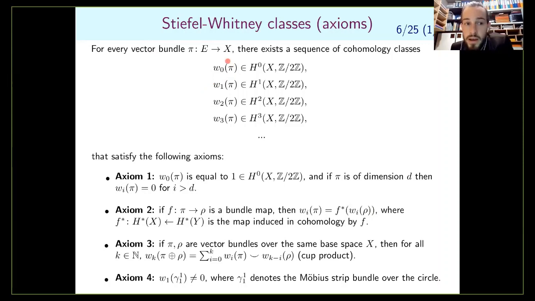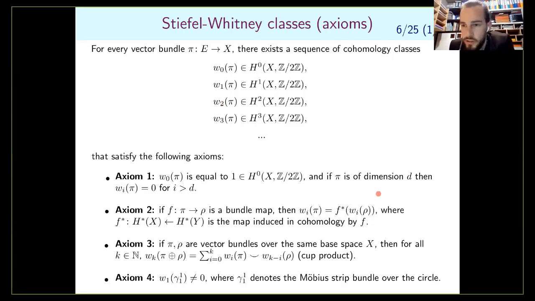W0 of pi, I will call it the 0th Stiefel-Whitney class of my vector bundle pi. It is an element of the 0th cohomology group of X over Z over 2Z. The first Stiefel-Whitney class, W1, is an element of the first cohomology group, and so on.